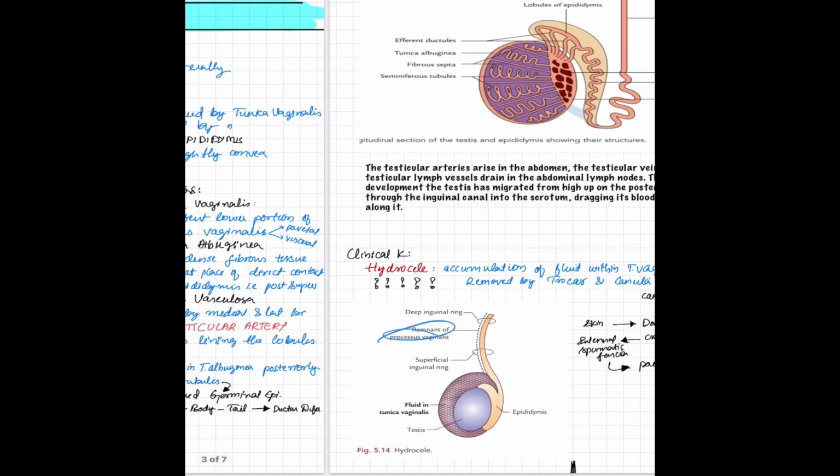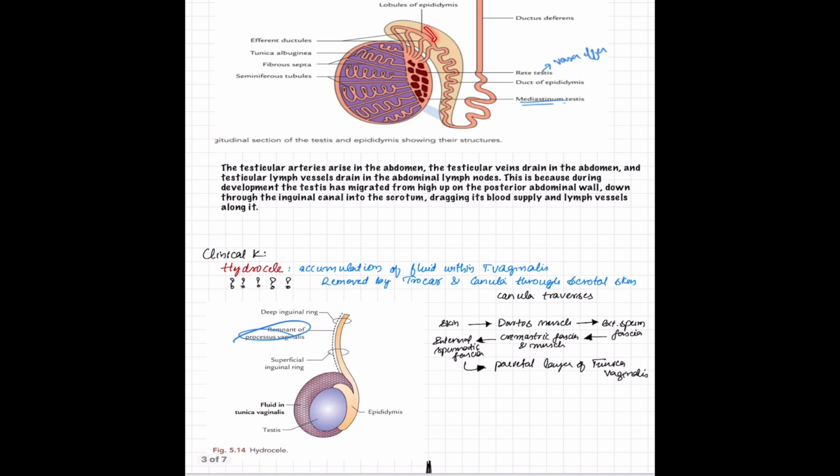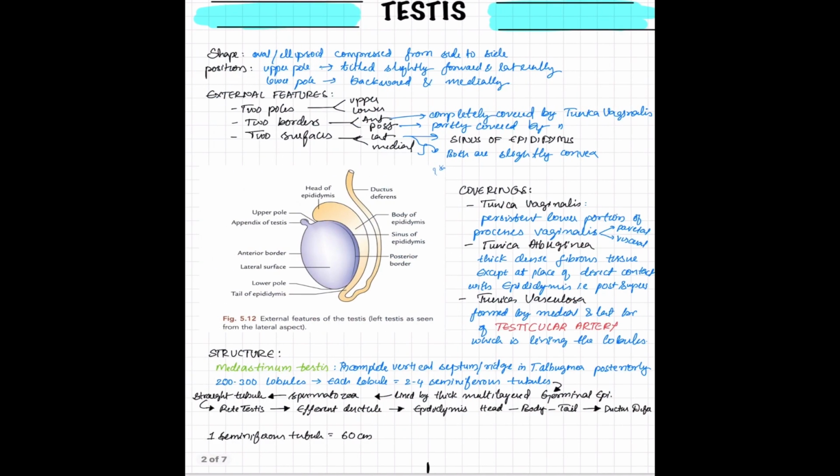So at the posterosuperior, where there is direct contact with the epididymis, the tunica albuginea will be absent. That is the only thing.